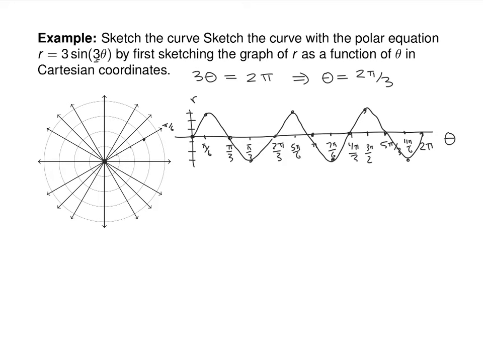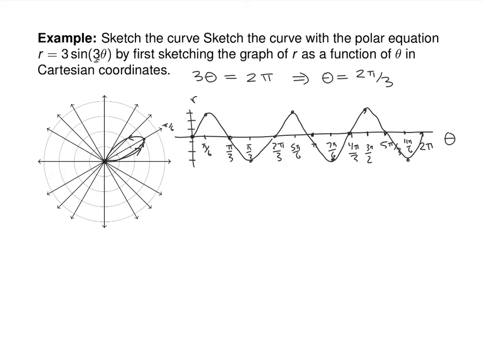As the angles are increasing to pi over 6, the radii are increasing to 3, so this is going to sweep out. And as we approach pi thirds, the radius goes back down to 0. There you go, like that.